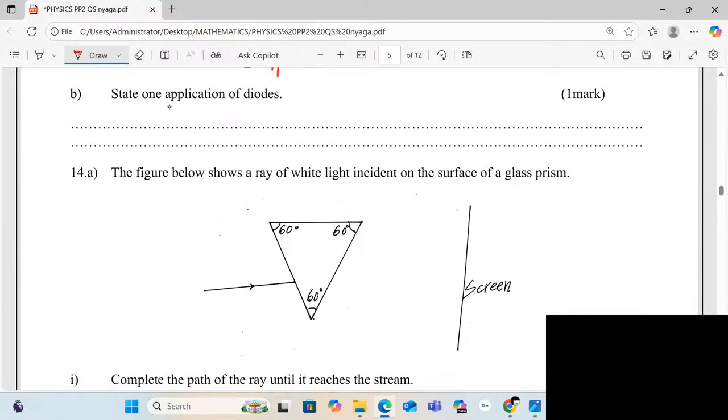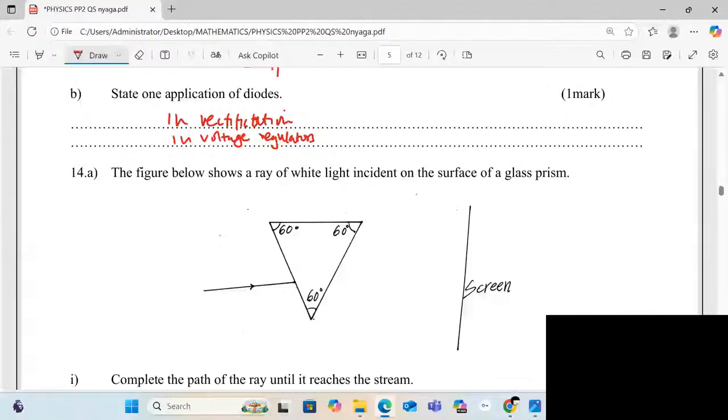So one, in rectification, and we have in voltage regulators. Those two are enough since the question is tied to only one.